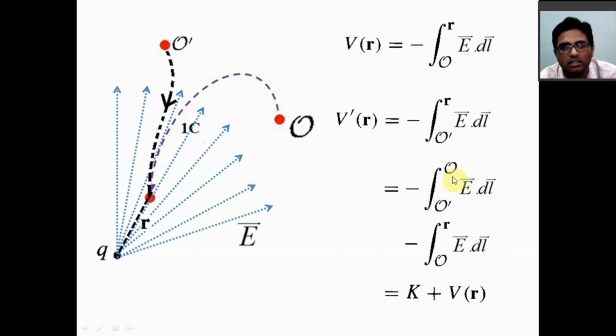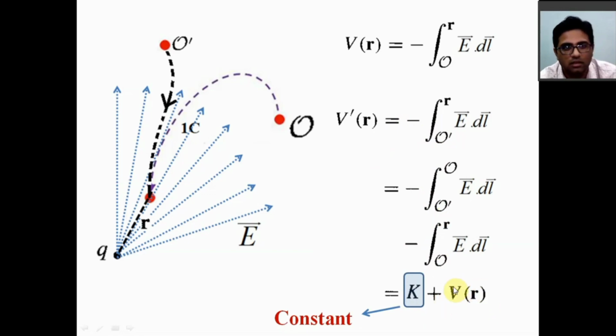We can write it as the combination of these two integrals. The first integral comes out as a constant, which is k. So the new potential differs by a constant from the old potential.